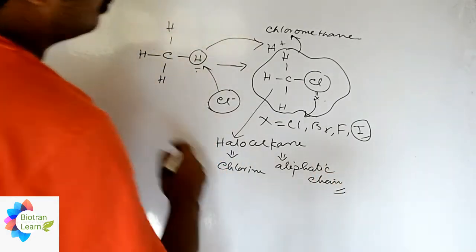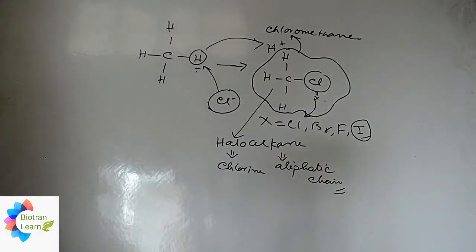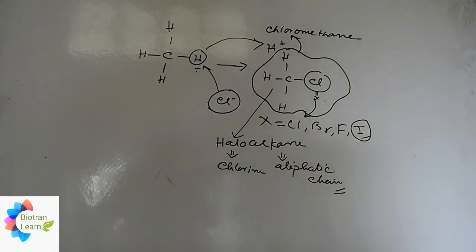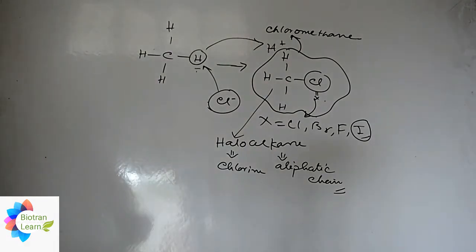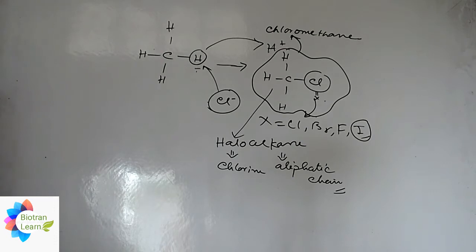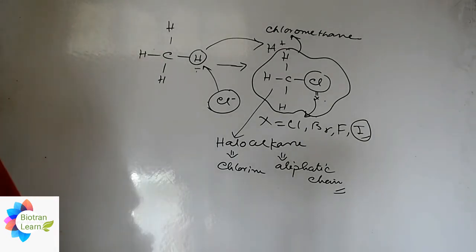Okay, so this is all about how the haloalkane is named, how the haloalkane is formed in general. Okay, so write it down, this one. Then we'll move towards the naming of haloalkane and then the preparations of haloalkane.